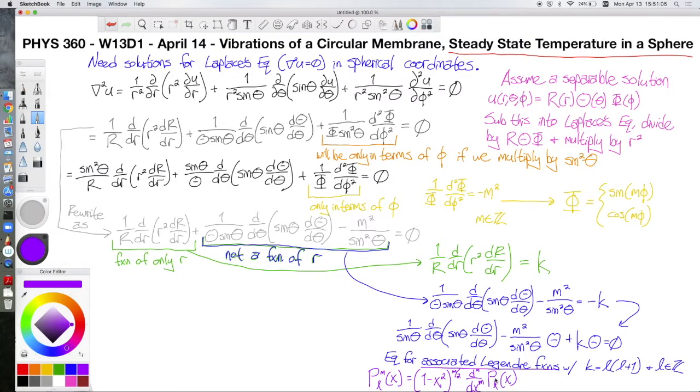So do note when you're looking at the associated Legendre functions that if m equals 0, P_L^m just equals P sub L.